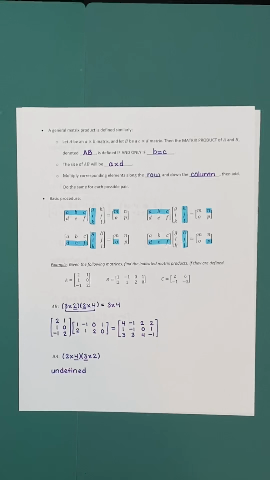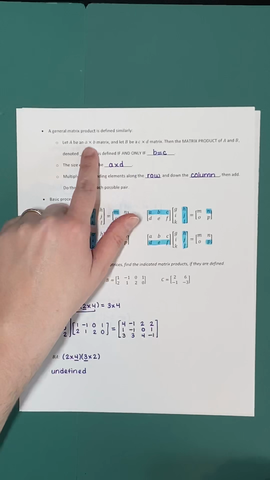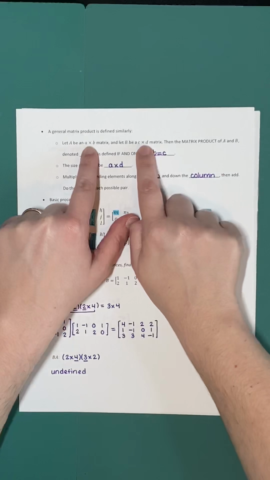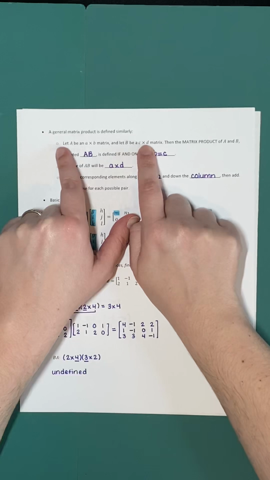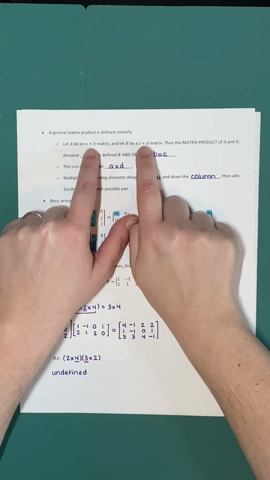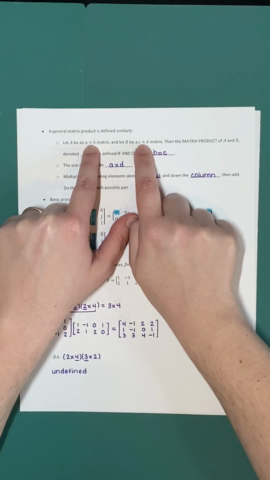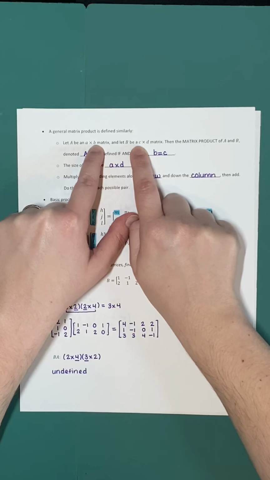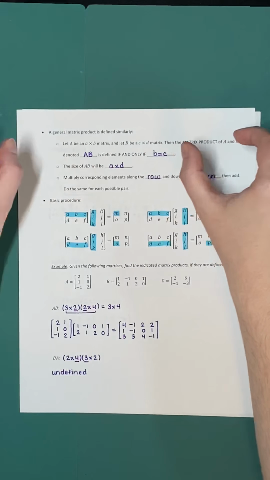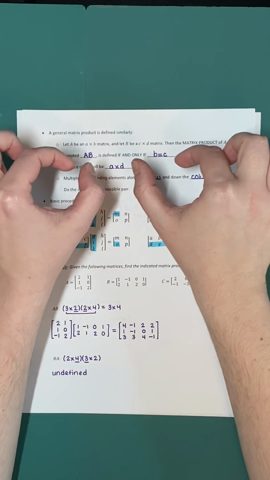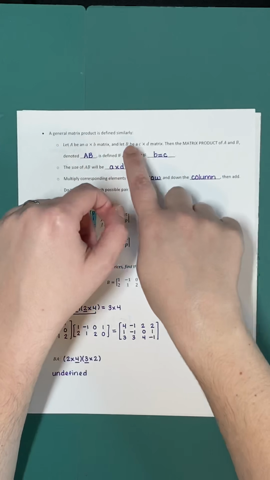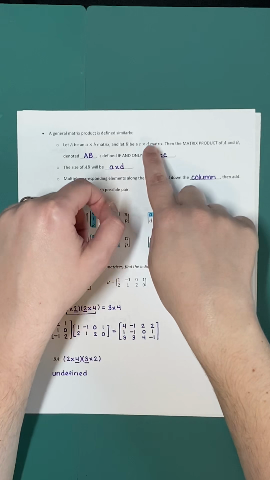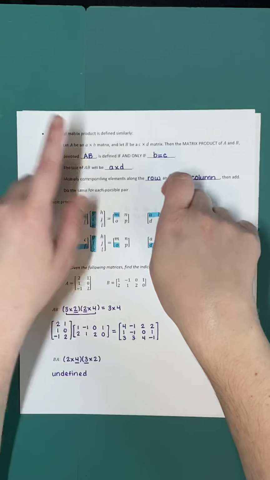So what does that mean? Well, here are the dimensions for matrix A. Here are the dimensions for matrix B. We're multiplying these two matrices together. What I'm interested in, in terms of determining whether or not we can actually do this problem, is the interior dimensions. So imagine taking those two sets of dimensions and pushing them together. I have A, I have B, I have C, and then I have D. What I'm interested in is the two inner dimensions.